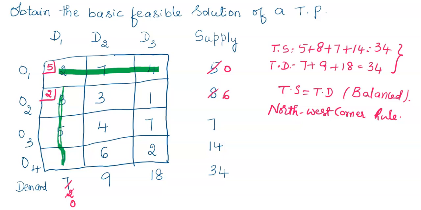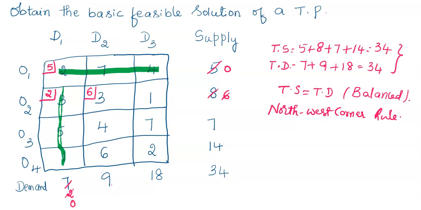Okay. So the very next is the remaining cells we have to observe. In the remaining cells also, which one is the northwest corner? The northwest corner is 3. Along the row, the supply is 6, and along the column, the demand is 9. Which one is the lesser? 6 is the lesser. You have to consider that into the cost cell.